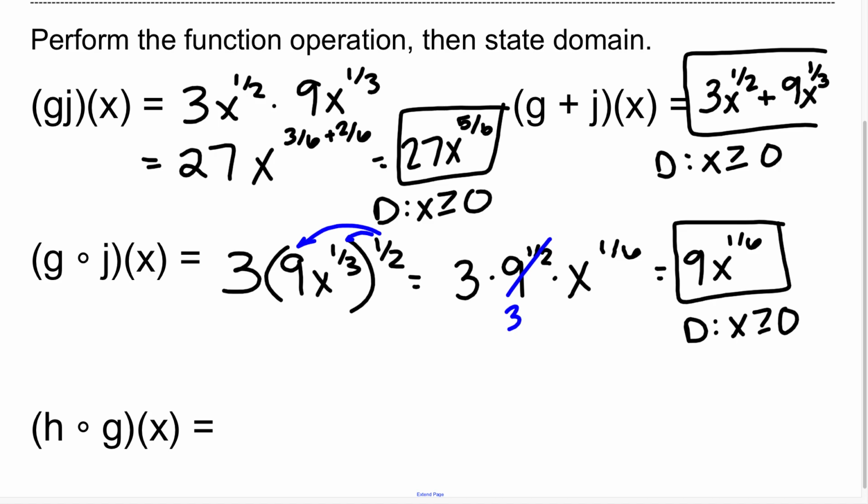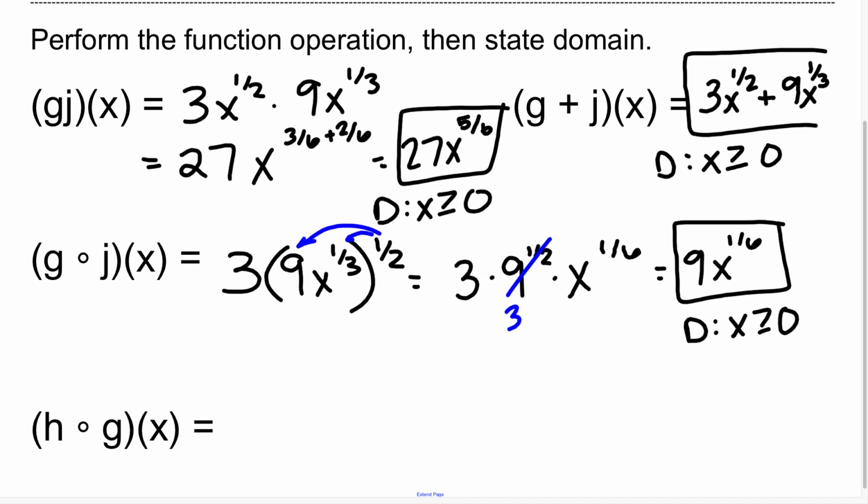I think on the homework, if you look at the very top of the page, it's going to tell you which ones I want you to do domain for. Okay, so I don't think you have to do domain for all of them. Everybody gets this?